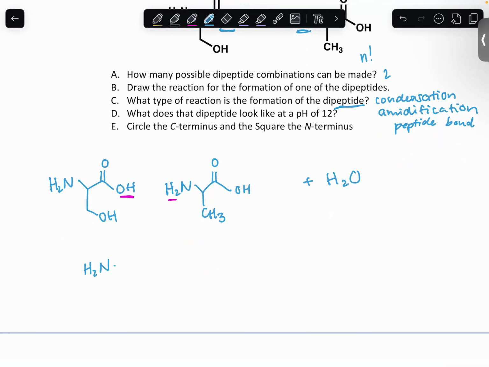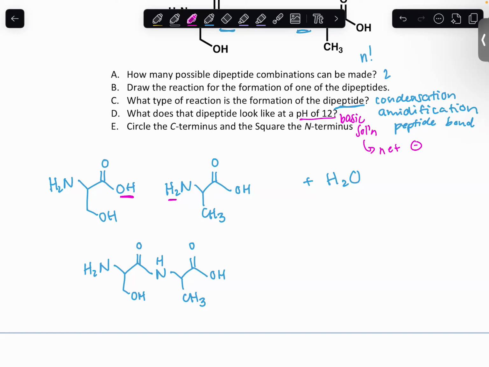But in D, what does the dipeptide look like at a pH of 12? What does that pH of 12 tell us? Yes. So it should have a net negative. How can we give this molecule a net negative? Where can we take a proton off? Or where should we take a proton off? Which OH? The C terminal.